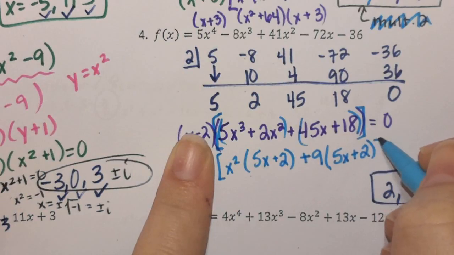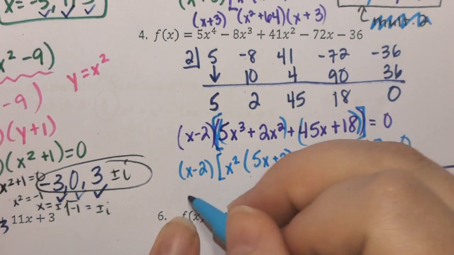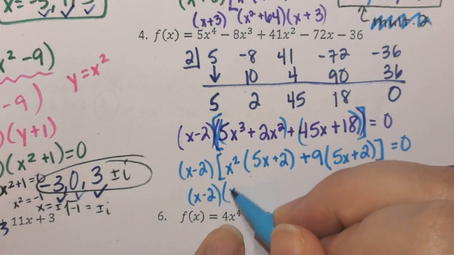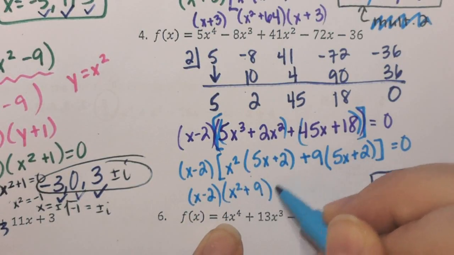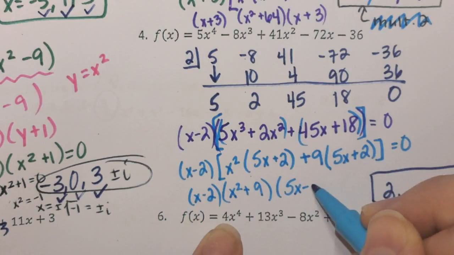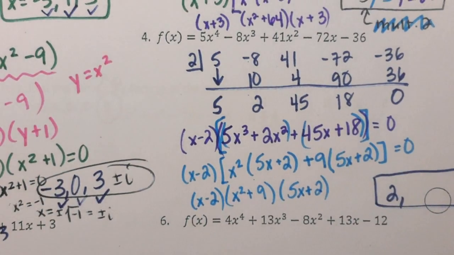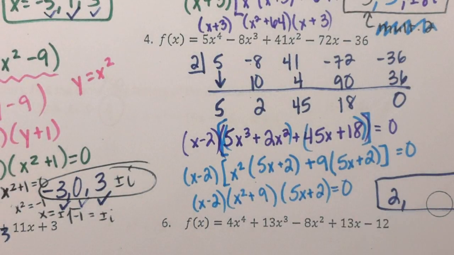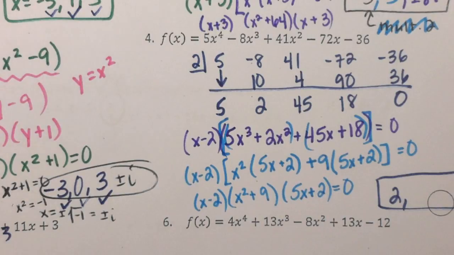Oh, thank goodness. That one didn't work. So I've got the x minus 2 from the original. I now have the x squared plus 9. And I have 5x plus 2.